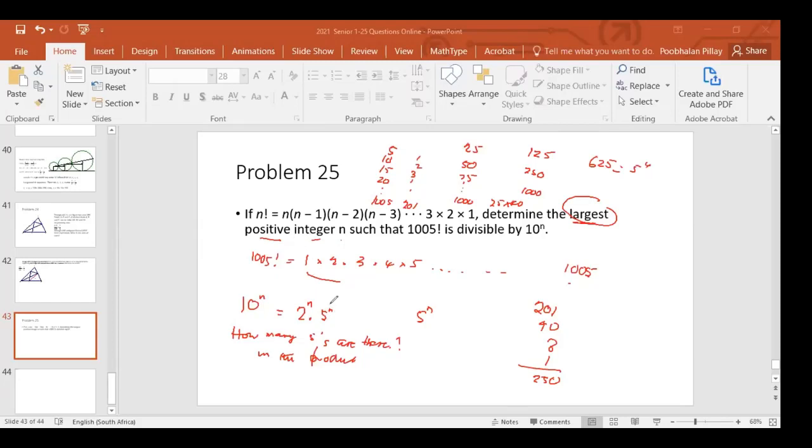So in other words, this is equal to 5 to the power of 250 times something else. Now we need at least 250 2s to get 10 to the power of 250.